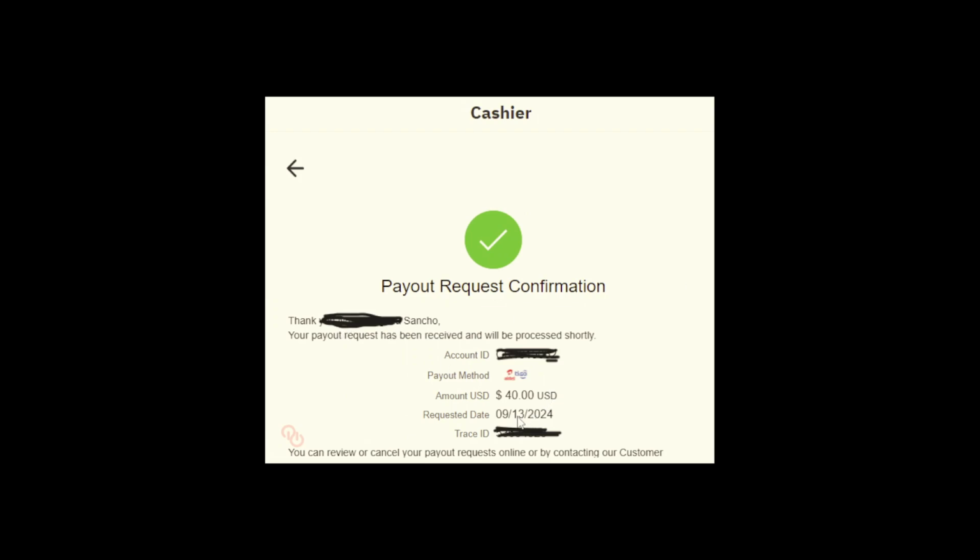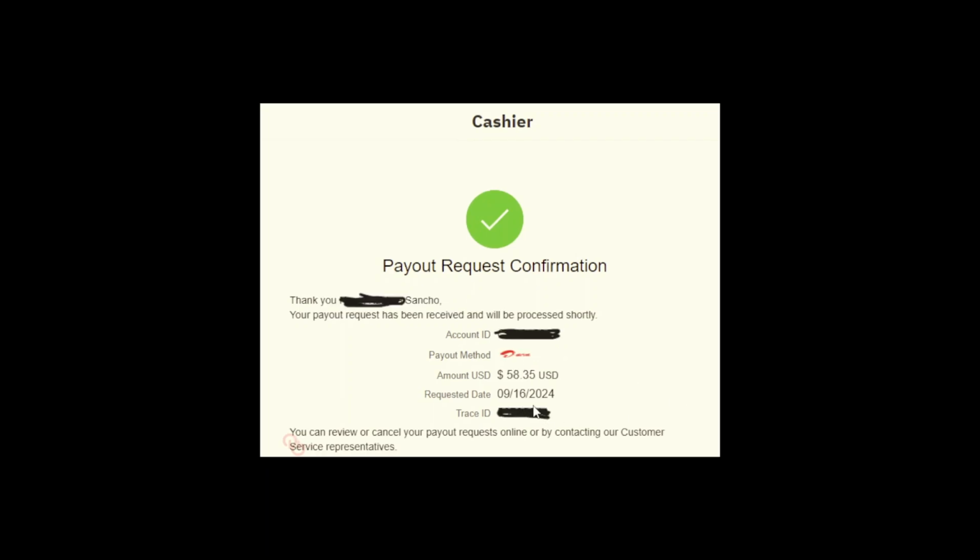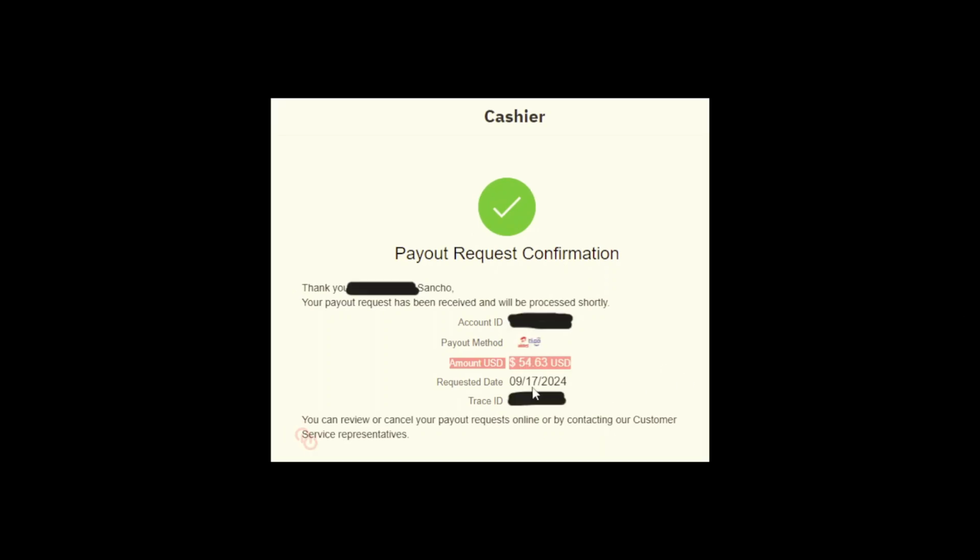So guys, you can see this is my first withdrawal. I made a withdrawal of $40 on the 13th, and then on the 16th, just 3 days later, I made a withdrawal of 58.35. Then on the 17th, I made a withdrawal of 54.63.